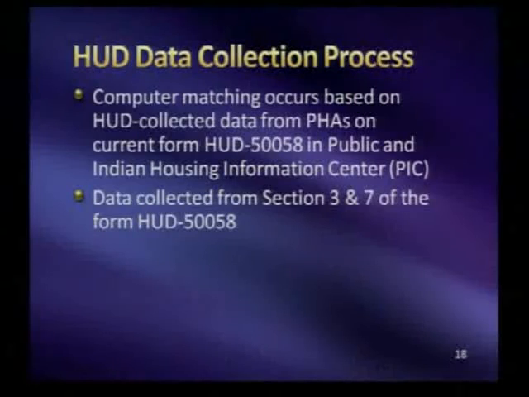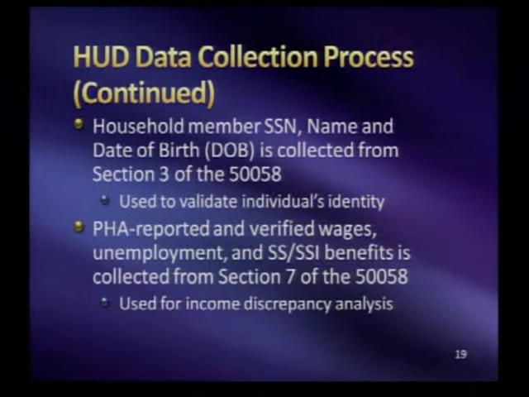And this just goes back to show you that the computer matching or data collection process associated with EIV is contingent upon the existence of a 50058 form, and data is collected from Section 3 and Section 7 of the 5.8 form. Now, the household member SSN, name, and date of birth are collected for the sole purpose of doing the identity validation process.